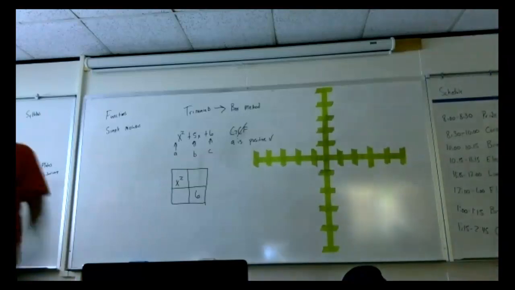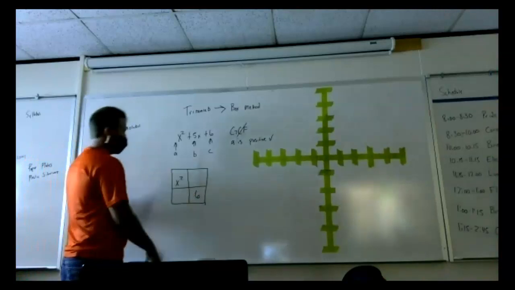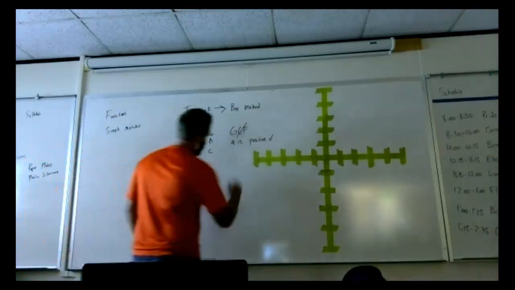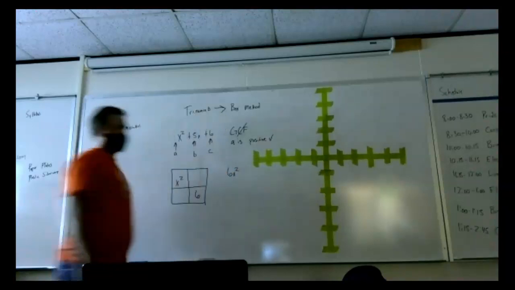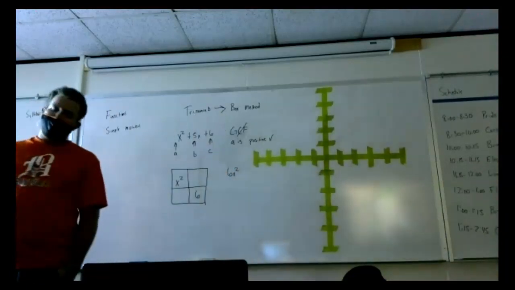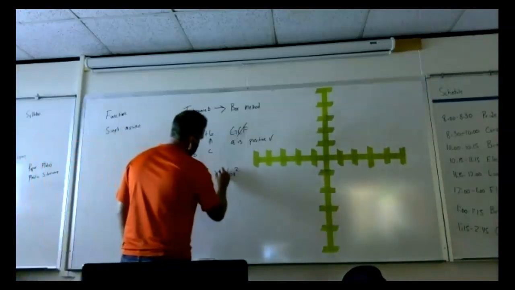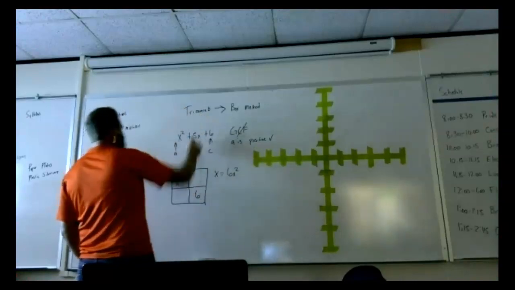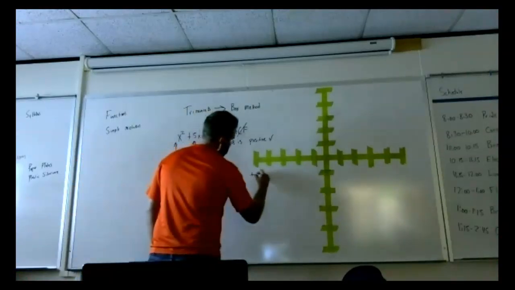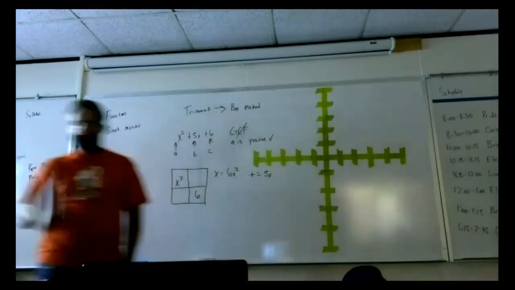The next step is we're going to multiply these two. x squared times 6 is equal to 6x squared. What this shows us is we need to think of two numbers that multiply to equal 6x squared, but also add up to equal our middle term of 5x.